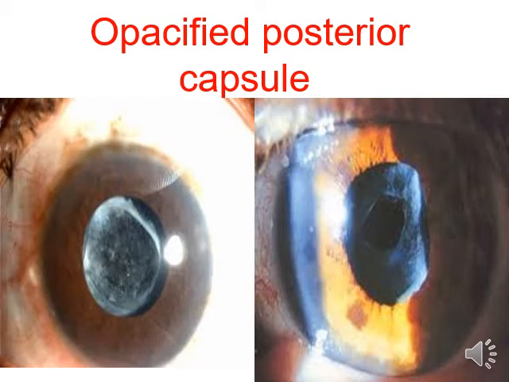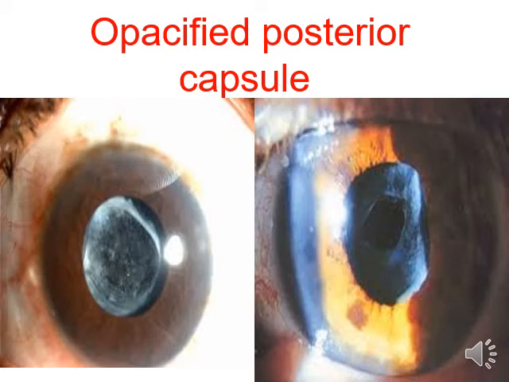Unfortunately, this posterior capsule may undergo opacification, producing this white sheet seen in the right. It's seen months or years following cataract extraction.